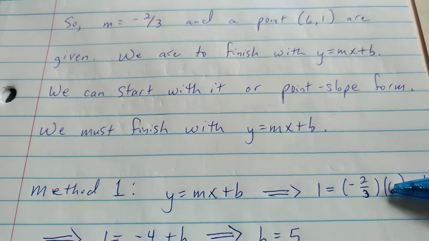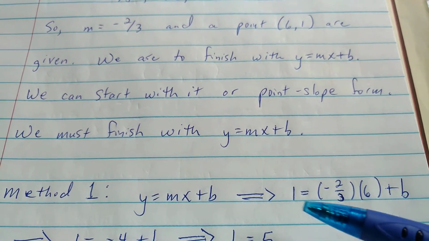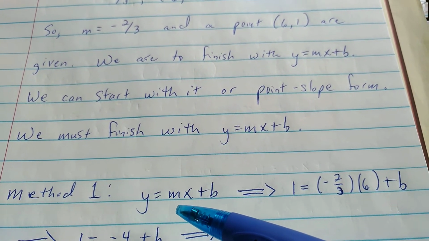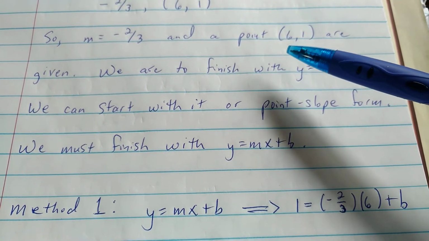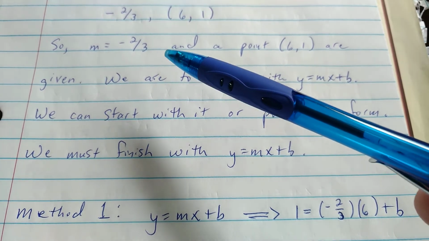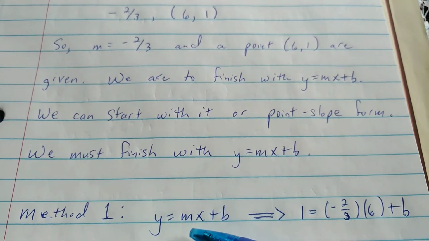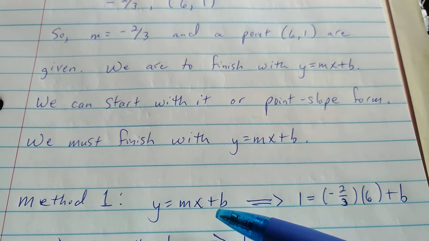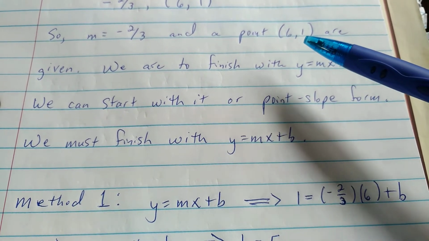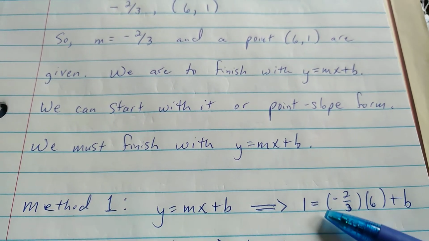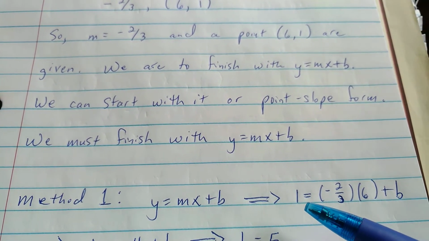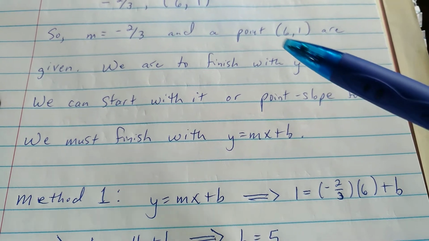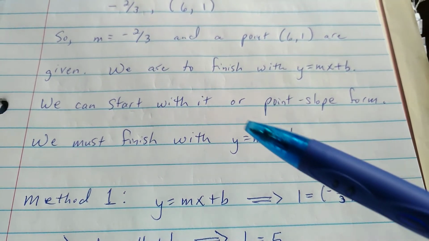To do method 1, we'll start and stay in slope-intercept form, that is y equals mx plus b. So we have to use the given point, 6, 1, and the given slope, negative 2/3, in the form y equals mx plus b. So the y we have is 1. There's the 1 for the y, equals the given slope, m, is negative 2/3.